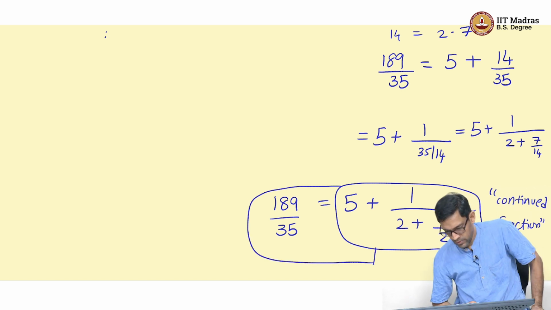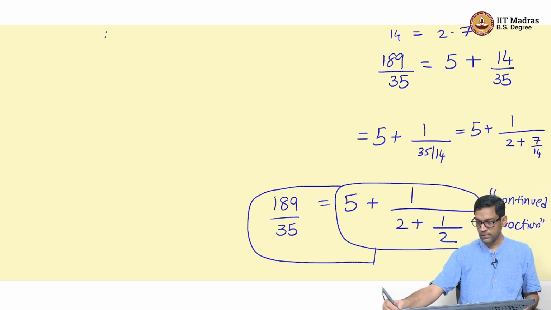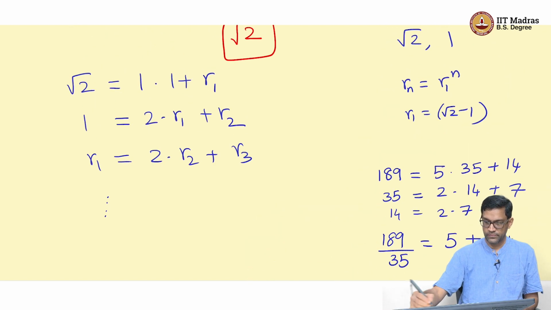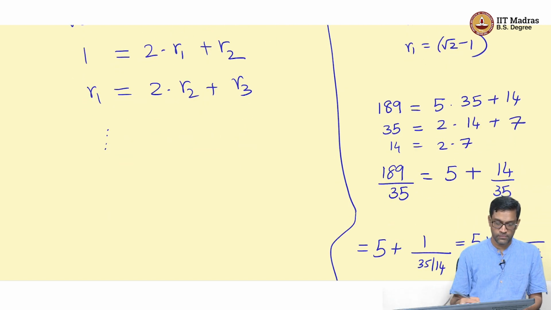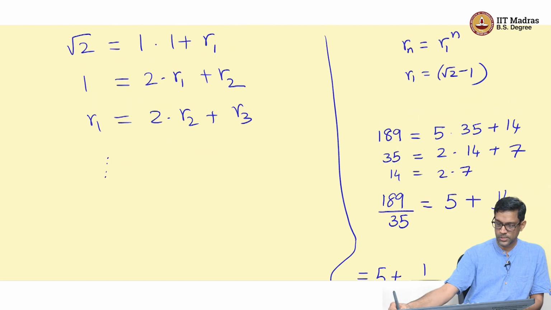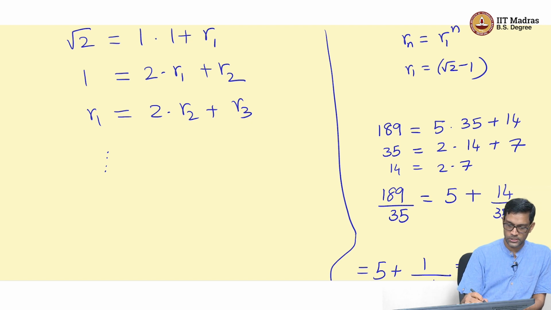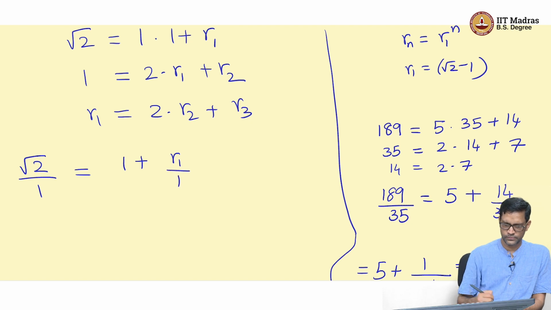Now nothing prevents us from trying to copy this very same idea in the case of 1 and root 2. So let us do that. So what did we have? The very first step was square root 2 equals, I will begin here, square root 2 by 1. Again it is quotient, which is 1, plus remainder over 1.